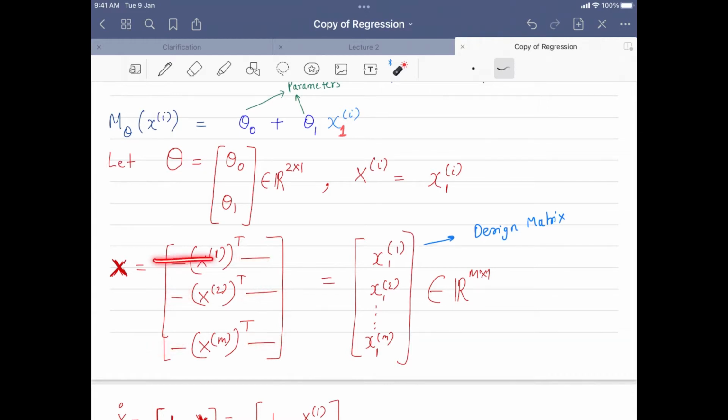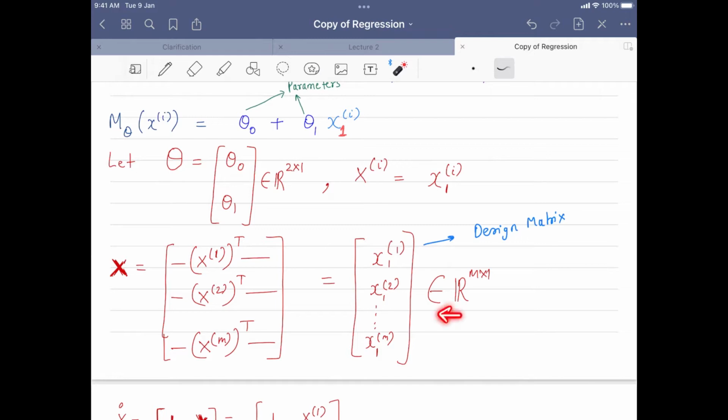This is the first row, this is the second row, this is the third row, and then this is the mth row. Each of these vectors has only a single element, so if you transpose it, it remains the same. This is the one-dimensional design matrix, which we are calling bold X.